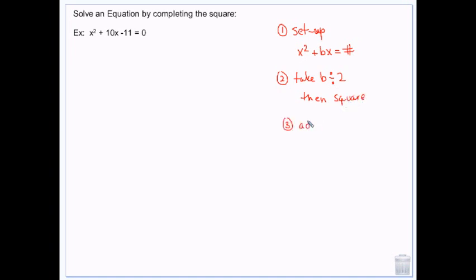And then the third step is to add that to both sides. The fourth step is to factor the trinomial, because we made it a perfect square, so it's easy to factor. Then take the square root of both sides.